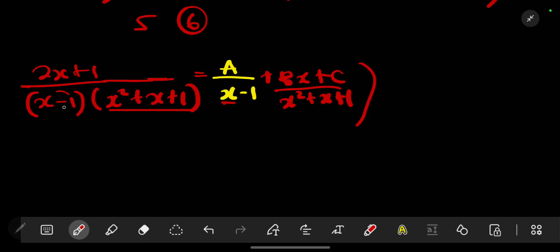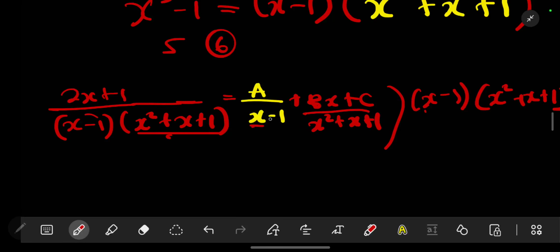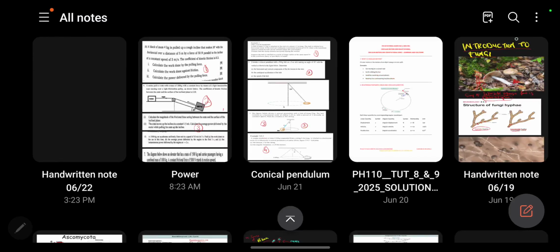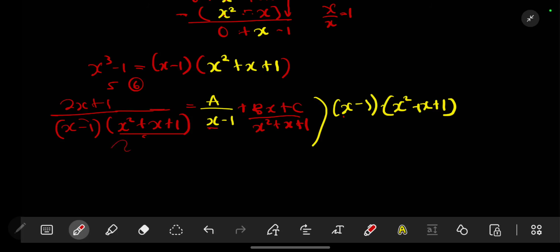So what you're going to multiply is the denominator, which will be your x minus 1, then your x squared plus your x plus your 1, like that. So then this multiplied by this. So as you can see, this is the denominator, this is the numerator. So automatically, if this and the one that is down there are the same, they are going to cancel. So this is what we have. So this and this will cancel each other like that.